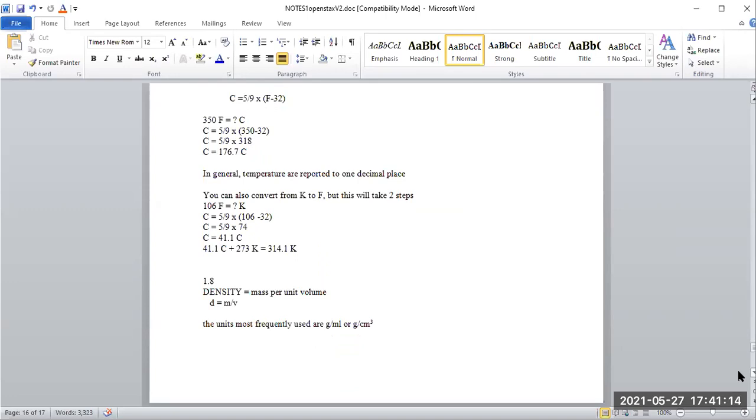First, I took my 106 Fahrenheit, subtracted my 32, and multiplied by 5/9. That gave me 41.1. Then I added my 273 to it, and I get 314.1. So keep in mind that some of these temperature conversions are kind of more than one main step.